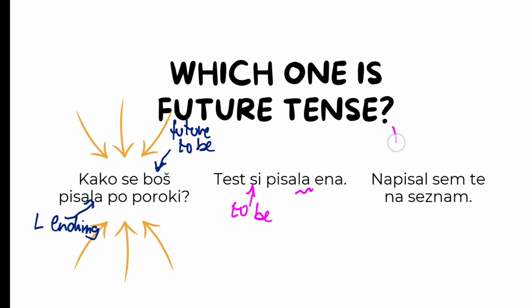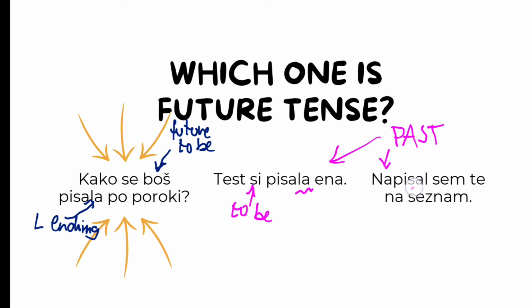This is past tense. Both of these are past tense because this uses the L ending. Okay? Napisala sem te. I wrote you na seznam, on the list. I wrote you on the list. Okay? So we know because we have regular to be and past tense L ending.